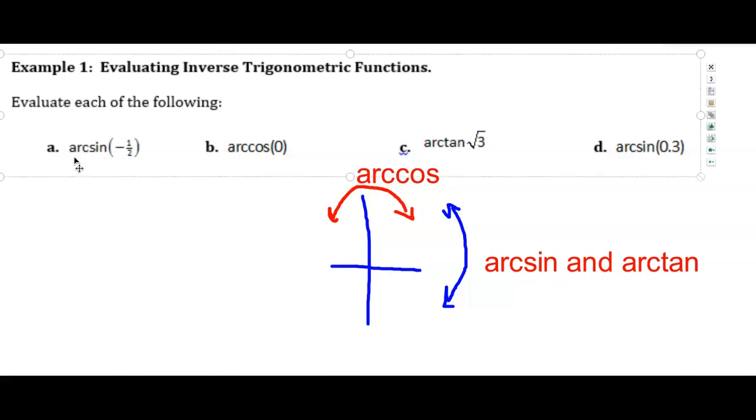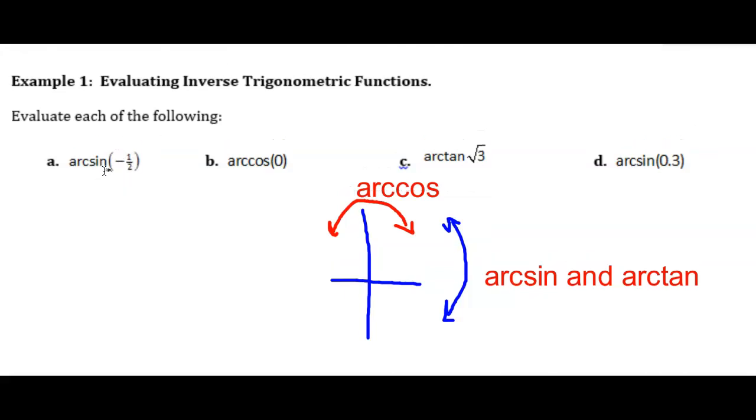So in letter A, if you're asking for arc sine of negative 1/2, we know that the sine is negative in 2 quadrants, quadrants 3 and 4.